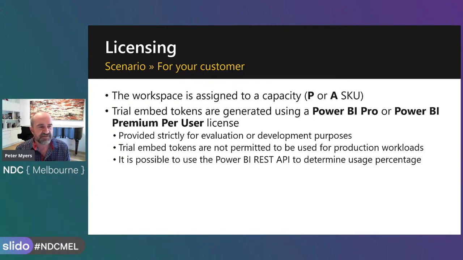Providing that you do not use them for production workloads, you can go ahead and use these free tokens to experiment with embedding for your customer. There is an API method that will let you determine what the usage percentage is.